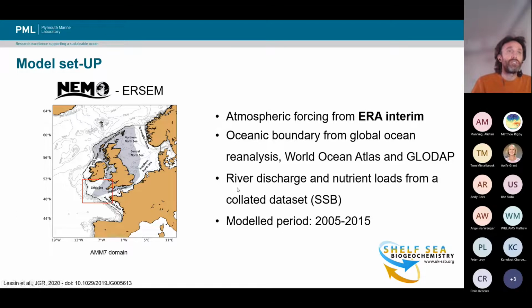In particular, the river discharge and the nutrient load from the rivers was from a data set that was collected during the Shelf-Sea Biogeochemistry program, or SSB. And in this case, we simulated the 10-year period from 2005 to 2015.